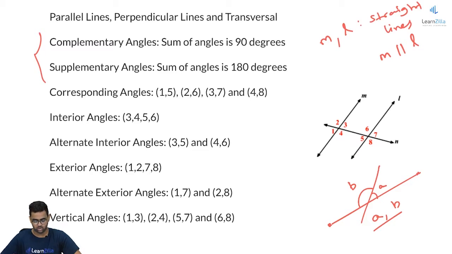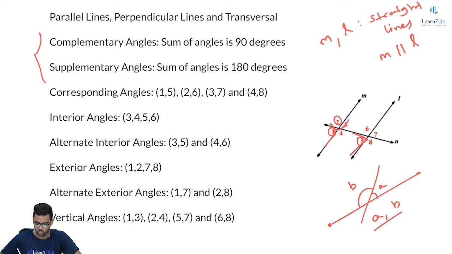Now let us talk about corresponding angles, interior angles, alternate interior angles, all these things. Firstly, corresponding angles are the angles which occupy the same position on both the lines. If you look at 1 and 5, they are at the same place on both the lines, so they are corresponding angles.